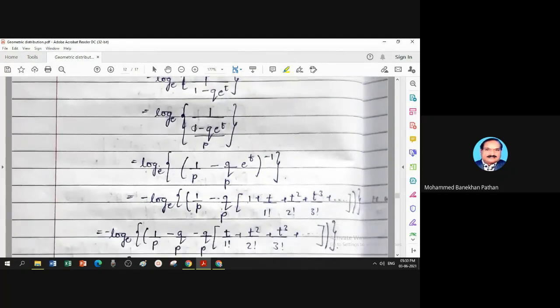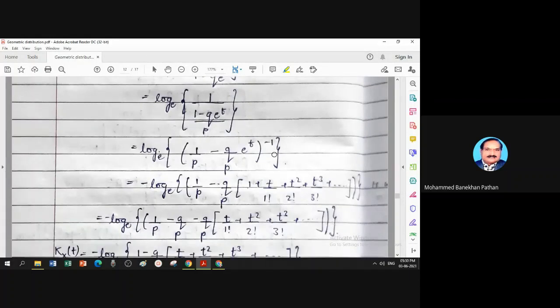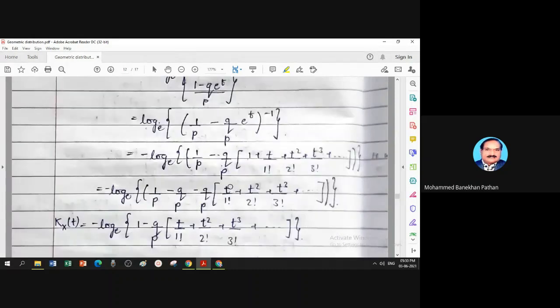Now I made a separate division, and then I take the numerator with negative power. And we know that when there is a log, the power becomes multiplied, log to the base E, 1 by P minus Q by P. And these are the brackets.